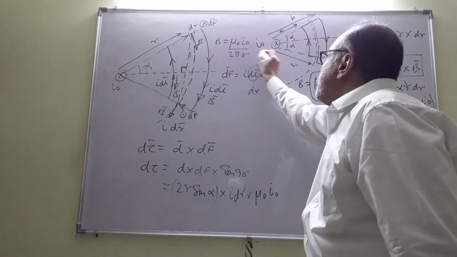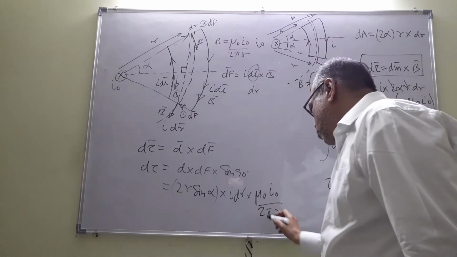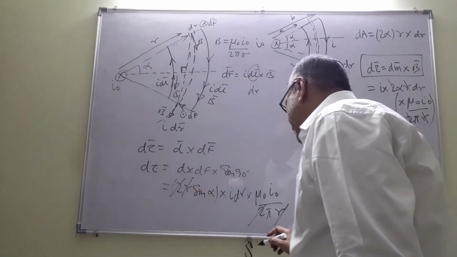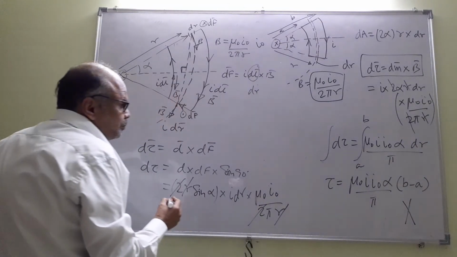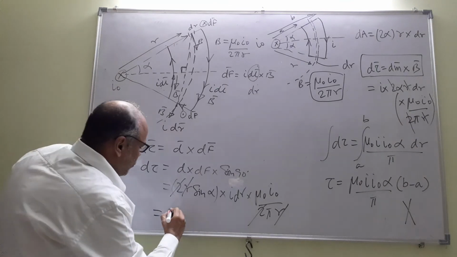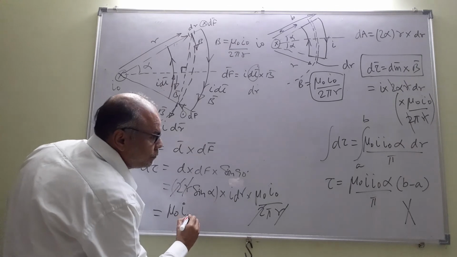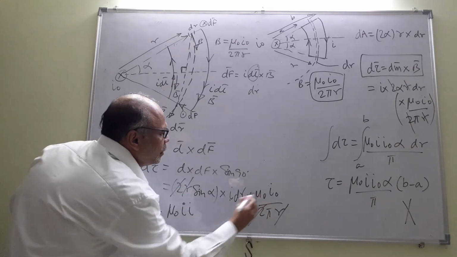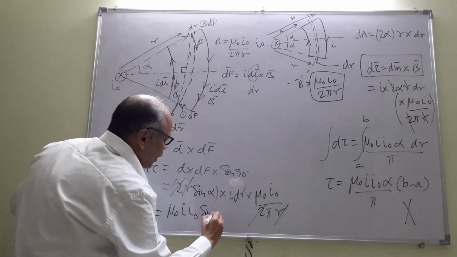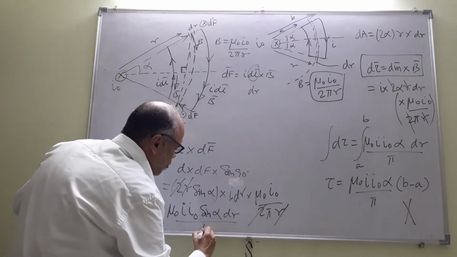We substitute for B. So 2 cancels, r cancels, and you are going to have mu naught I naught I sine alpha and dr by pi.